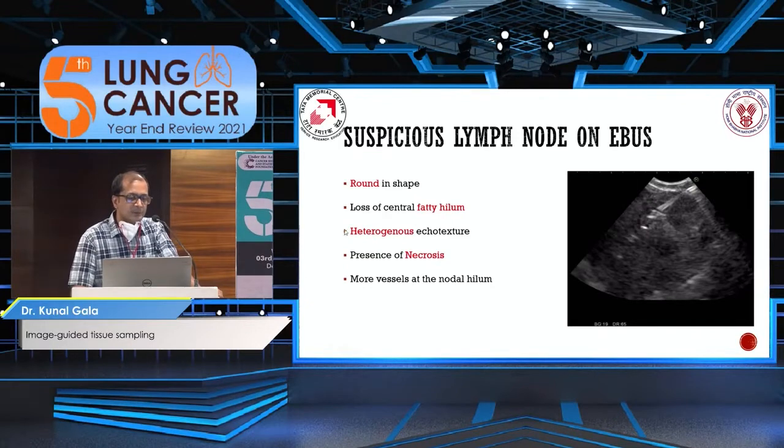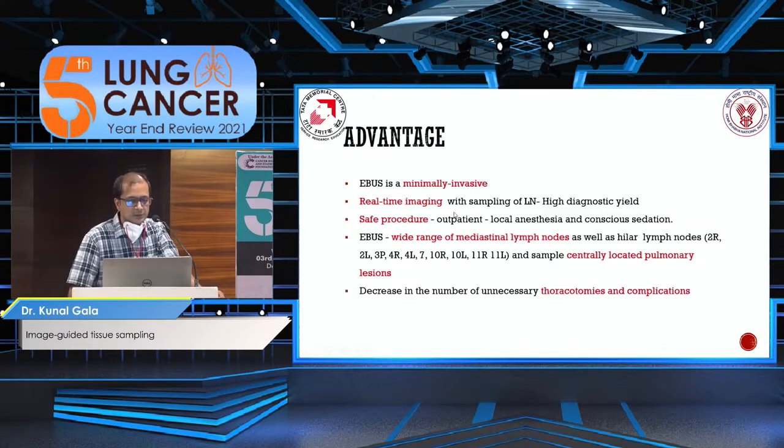Suspicious lymph nodes on EBUS are round in shape, with loss of fatty hilum, heterogeneous echotexture, and presence of necrosis.